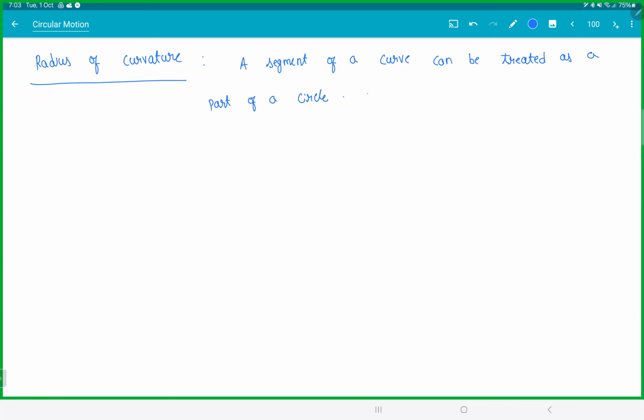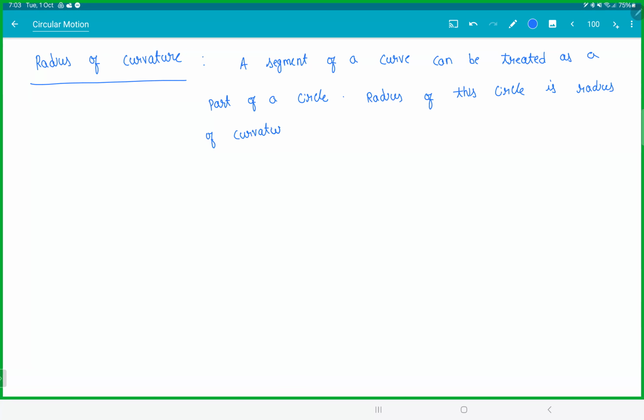The radius of this circle is called radius of curvature. What do you mean by this?